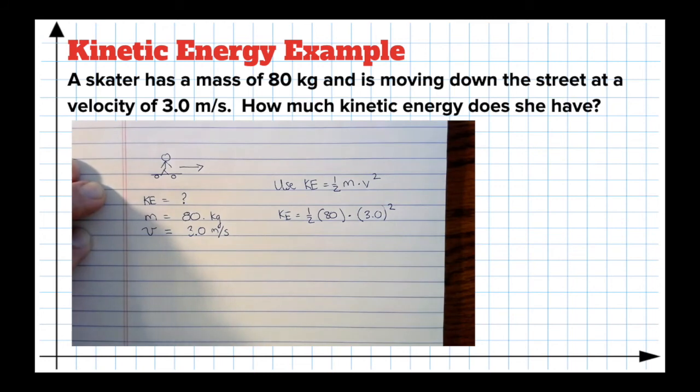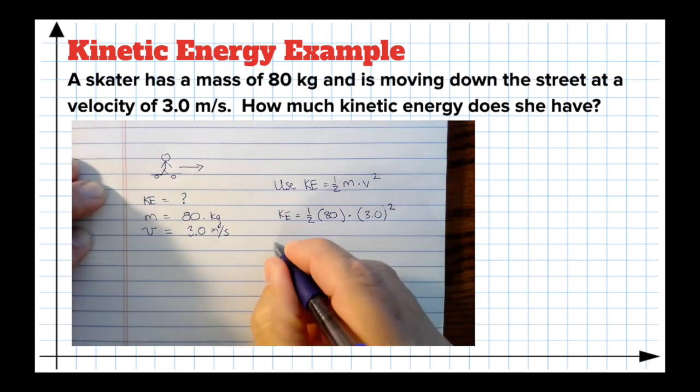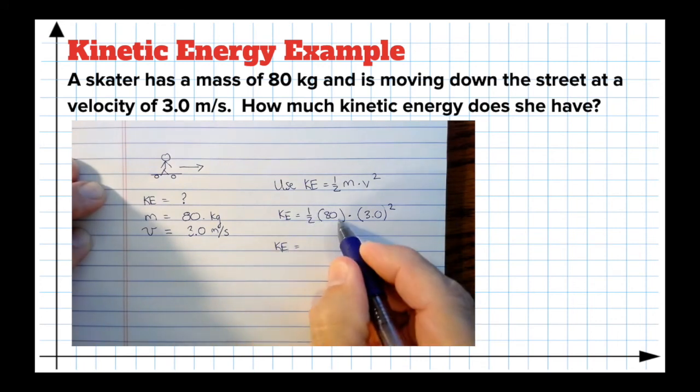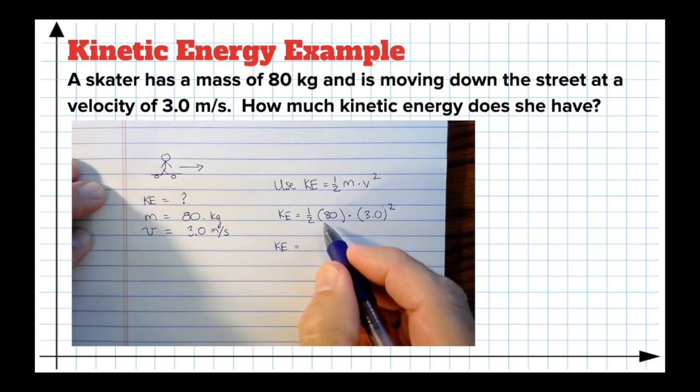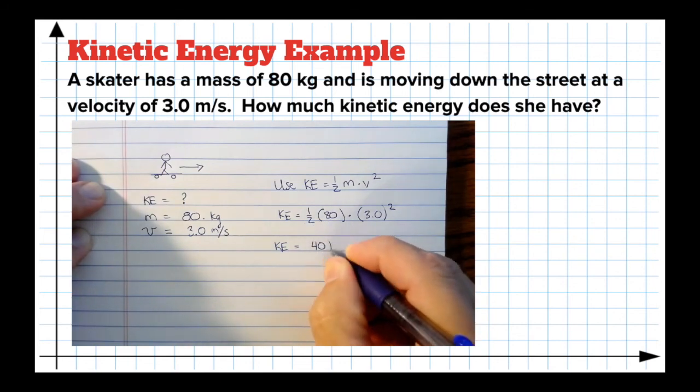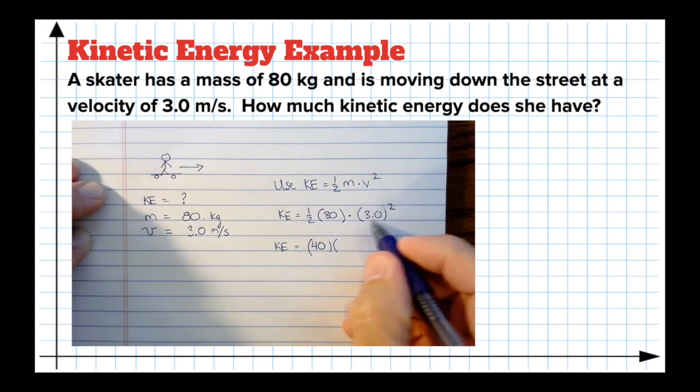Now, you can do this all at once on your calculator, or you can do it in 2 parts. It helps me sometimes to break it up into 2 parts. I'm going to take 1/2 of 80, so on your calculator, that's 0.5 times 80, and that's going to give you 40. And we've got to multiply that by 3 squared.